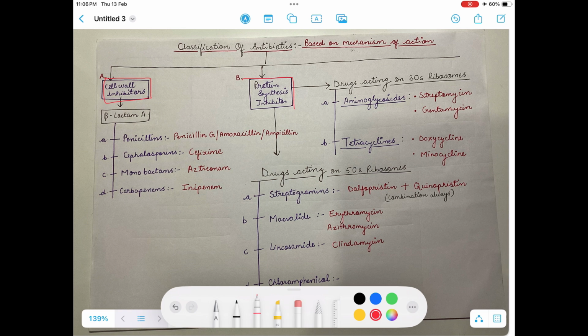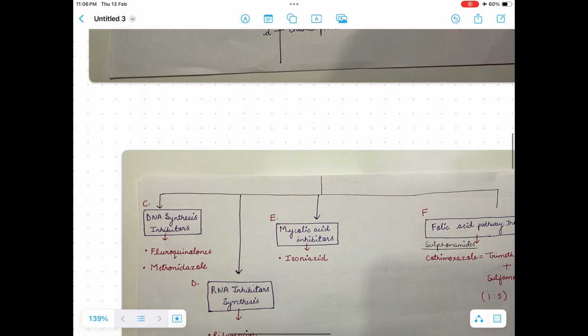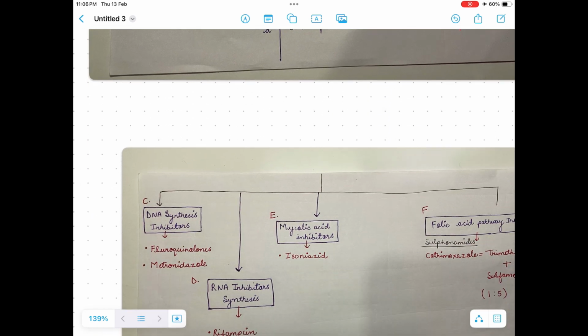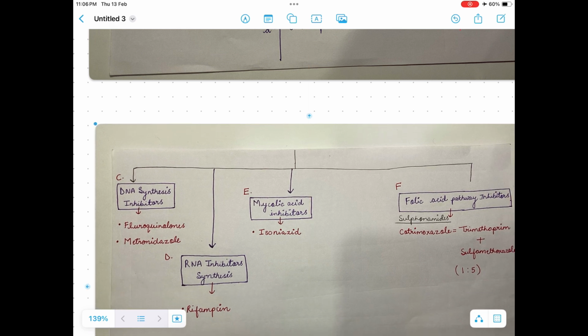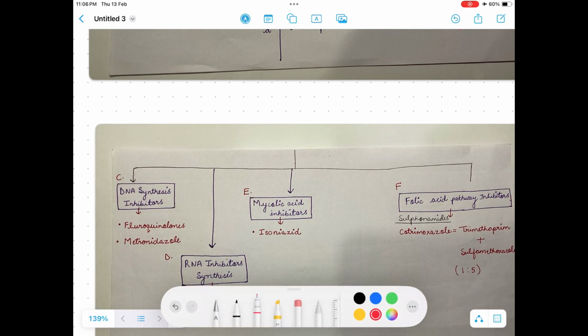Then second is the protein synthesis inhibitors. And third is the DNA synthesis inhibitors. Then mycolic acid inhibitors, and then folic acid pathway inhibitors.